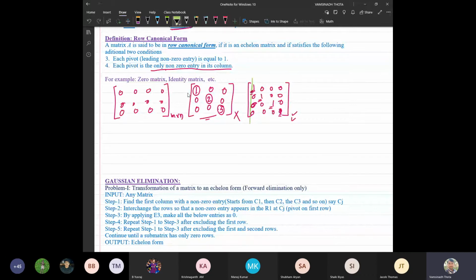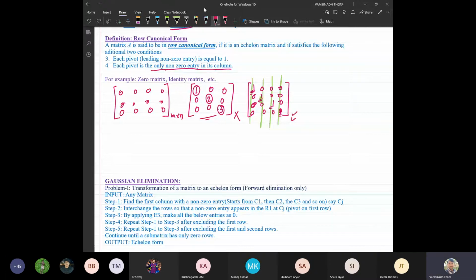This is the second pivot entry, and if you look at this column, that is the only non-zero entry. Remaining all other entries are 0. And in this column, this is the only non-zero entry, and there are no other non-zero entries. Remaining all are 0 only. And at the same time, similarly, this is also.